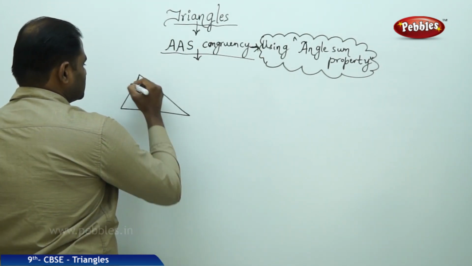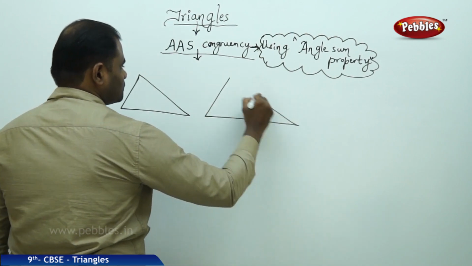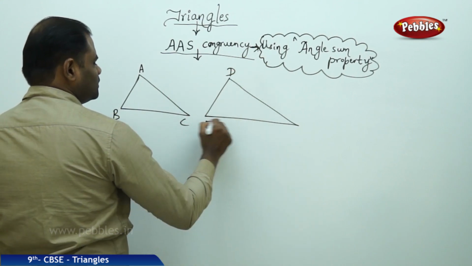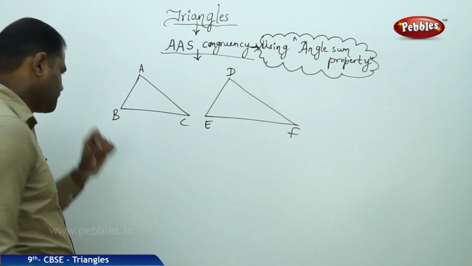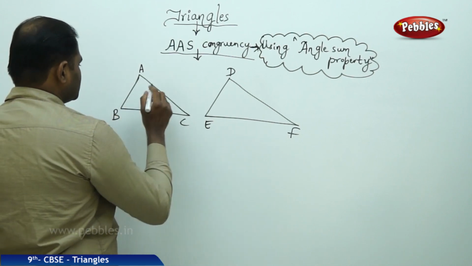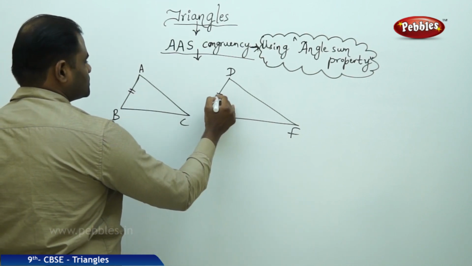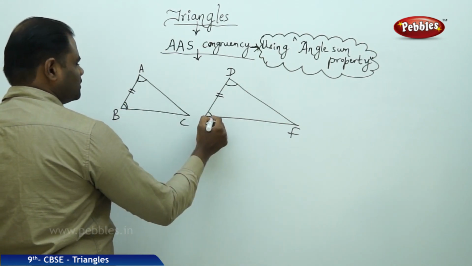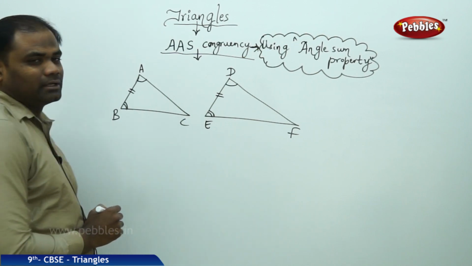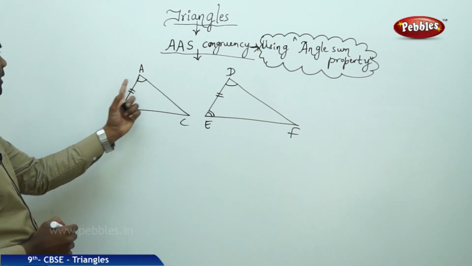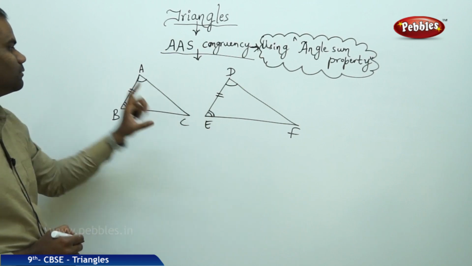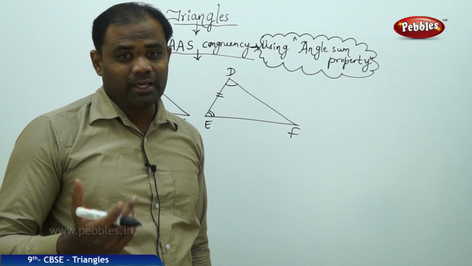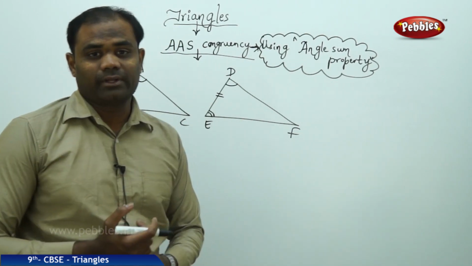Let me take two triangles ABC and DEF. Say my side AB equals side DE, angle A equals angle D, and angle B equals angle E. Then clearly, by the ASA axiom, with this being the inclusive side of the two angles, the two triangles are congruent.